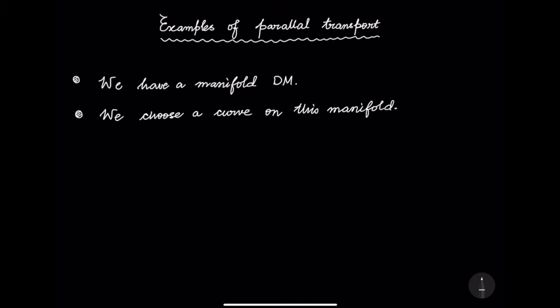The curve is parameterized by a single parameter. The curve is a one-dimensional object, so it is itself a manifold, and it's parameterized by a single parameter. And let us call that lambda.